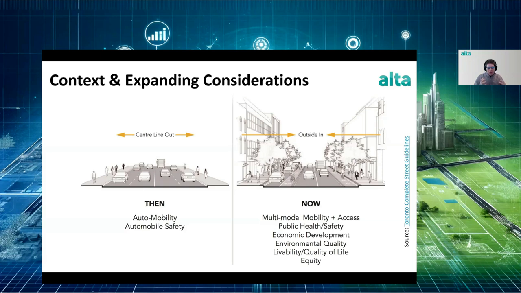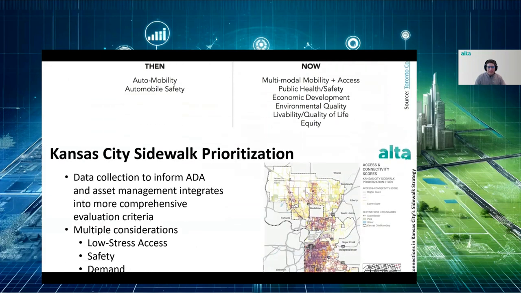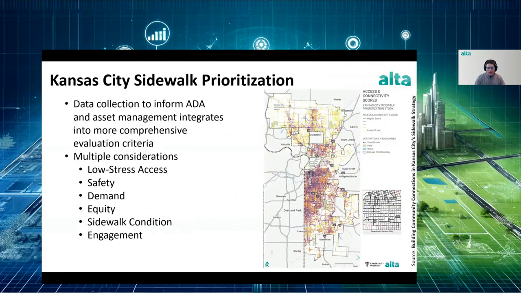When we look at transportation more broadly, there's this increasing understanding that there are more and more goals that our networks are expected to meet, and more considerations than just whether or not there's enough capacity for vehicles, to meet future needs that our streets are desired to meet within our communities. And Kansas City was very aware of that.